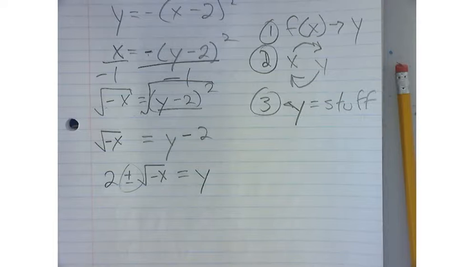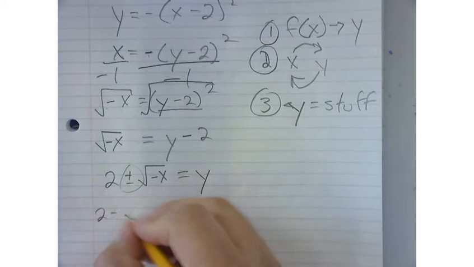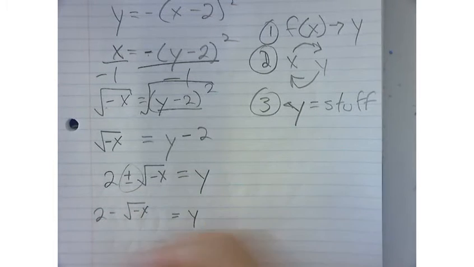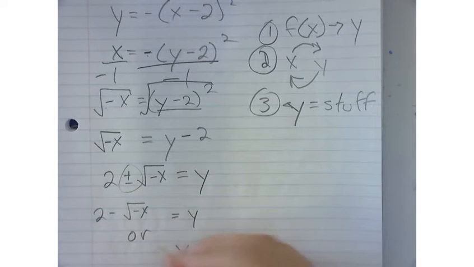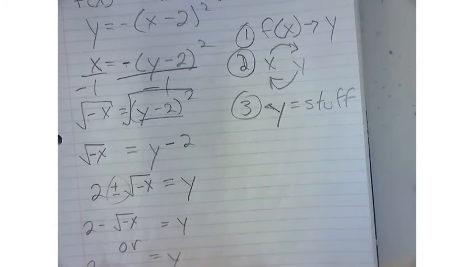In other words, I need to decide which one I should focus on, because one of these may be what we call an extraneous solution. In other words, what we've done is we've said that y is equal to 2 minus the square root of negative x, or y is equal to 2 plus the square root of negative x.